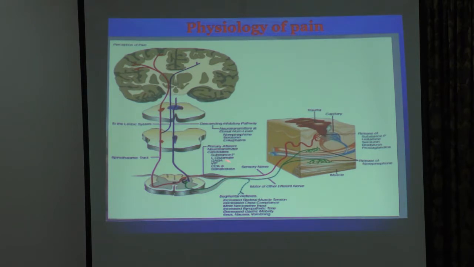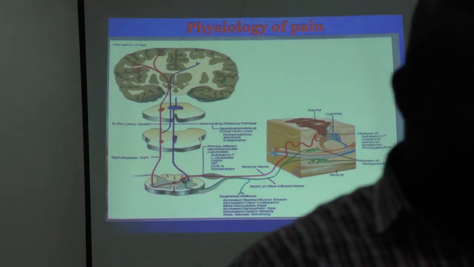So you can see that if you have a little prick on this side, for instance, the transmission is actually going to go up through the opposite side, or the contralateral side. It goes up through the spinothalamic tract, and spinothalamic means from the spine to the thalamus, and that is your second order neuron.